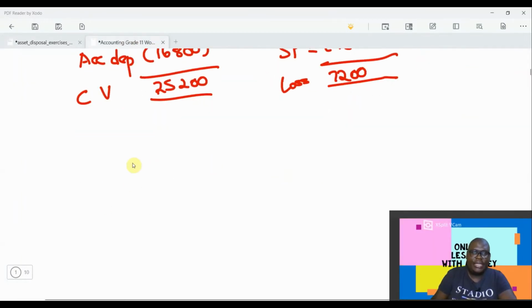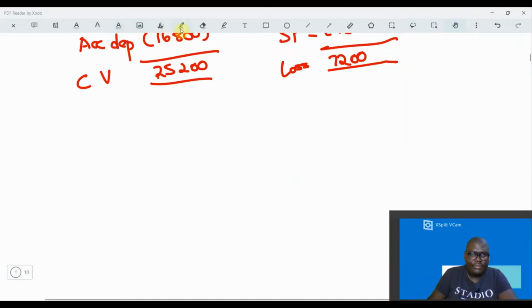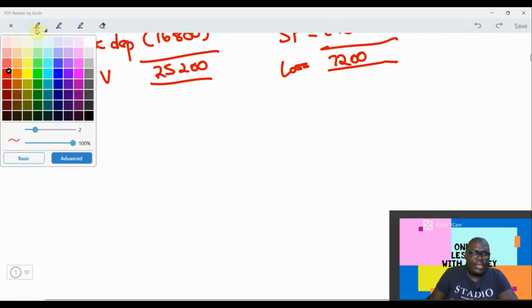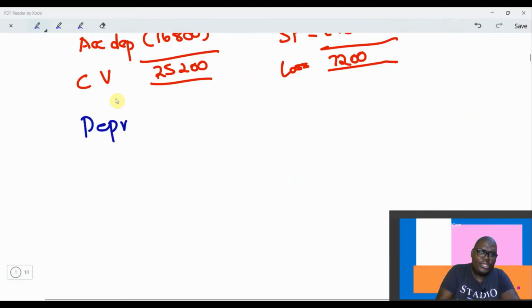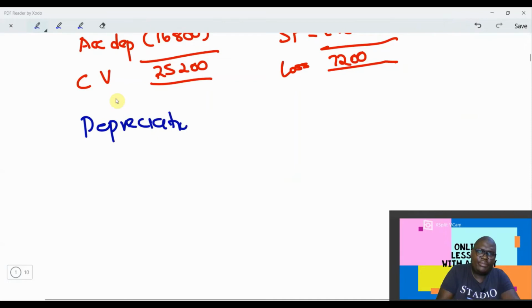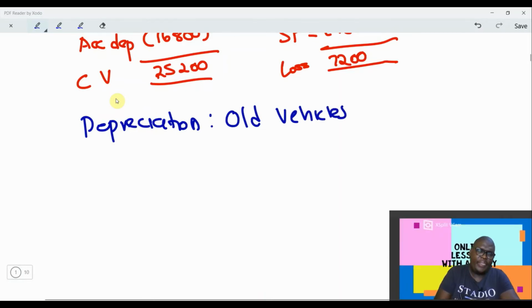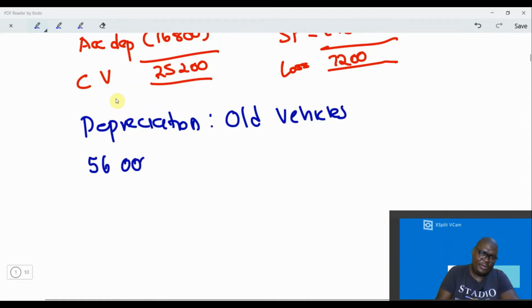So we're going to come here and say depreciation, but this is on old vehicles.